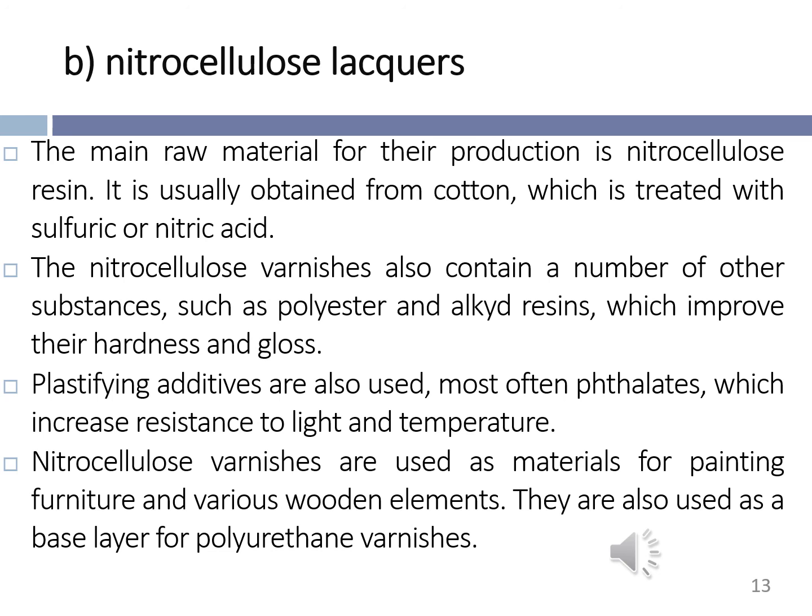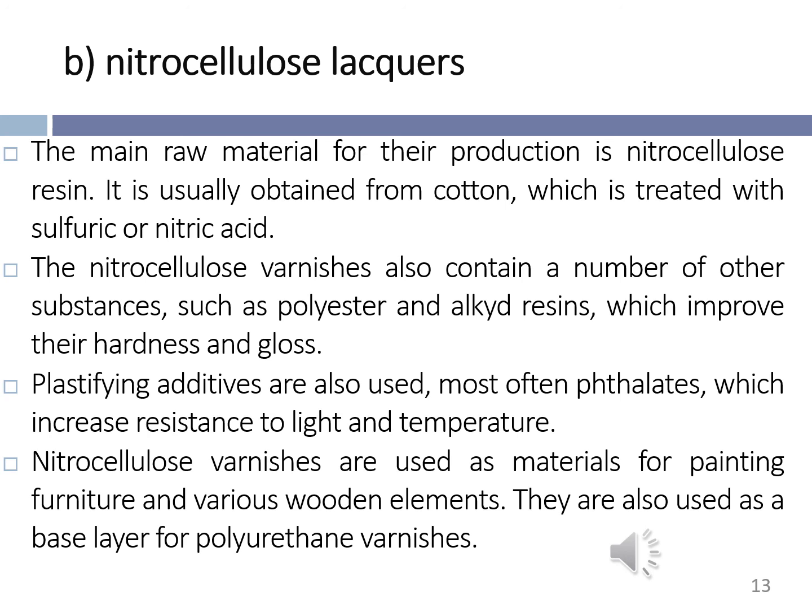Nitrocellulose varnishes are used as materials for painting furniture and various wooden elements. They are also used as a base layer for polyurethane varnishes. There are various other applications of nitrocellulose lacquer.